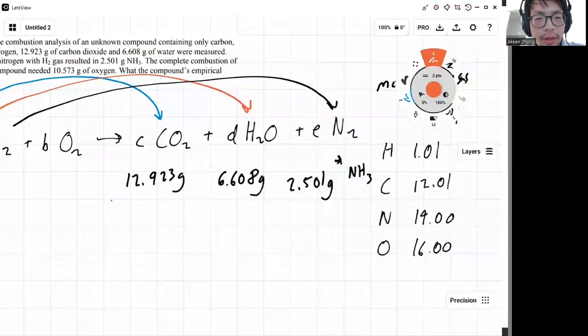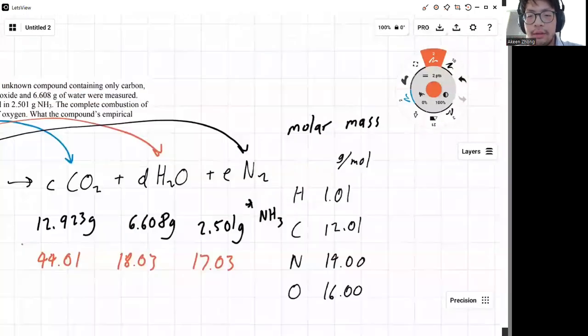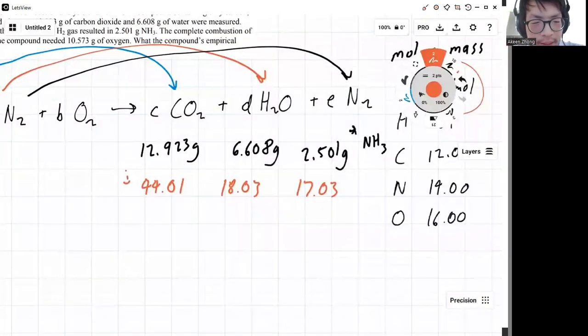So for CO2, we get 44.1. Water is 18.3, and ammonia is 17. Units, of course, grams per mole. I don't have that much space to write that.